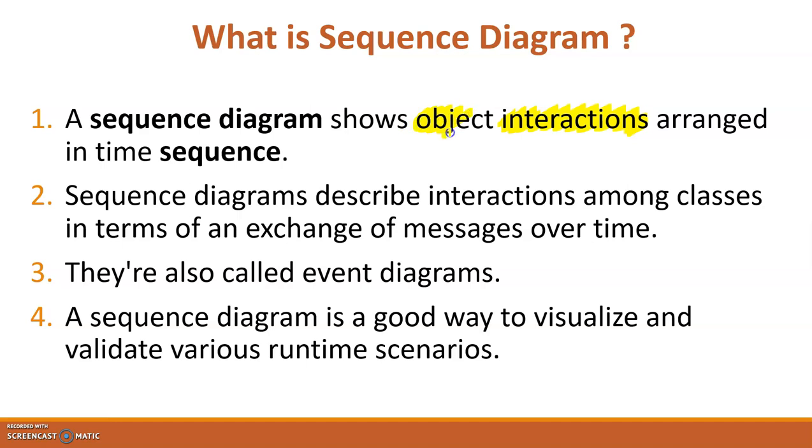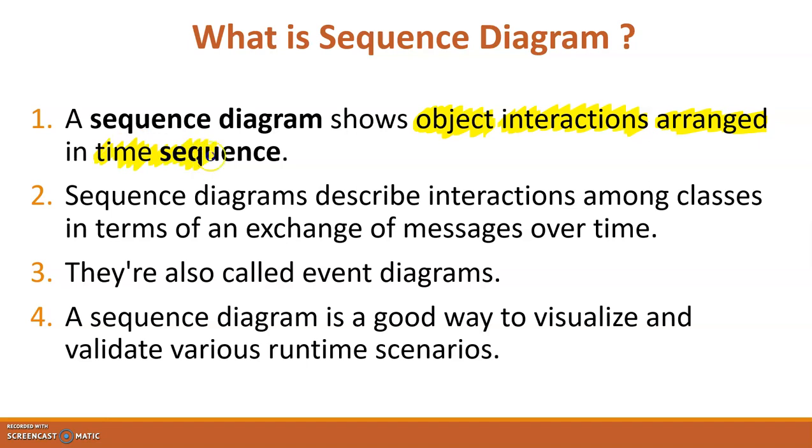This object can be anything: it can be your hardware, your software, your user, or another system. Object can be anything. So how all the objects interact with each other, and that is arranged in a particular time sequence.